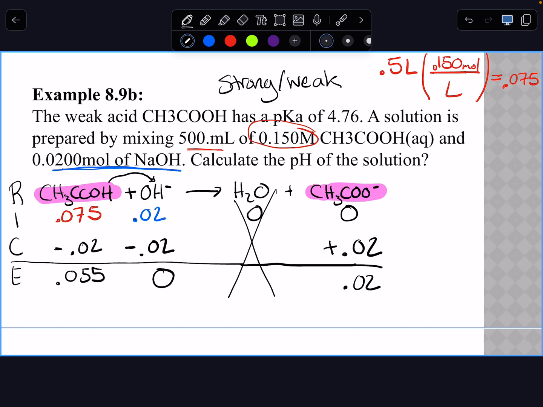So now I can do my equation. pH is going to equal... This one gave me the pKa, so I don't even have to take the negative log of it. So we're going to have 4.76 plus the log of 0.02 over 0.055. And when I typed that in this morning, I got 4.32.